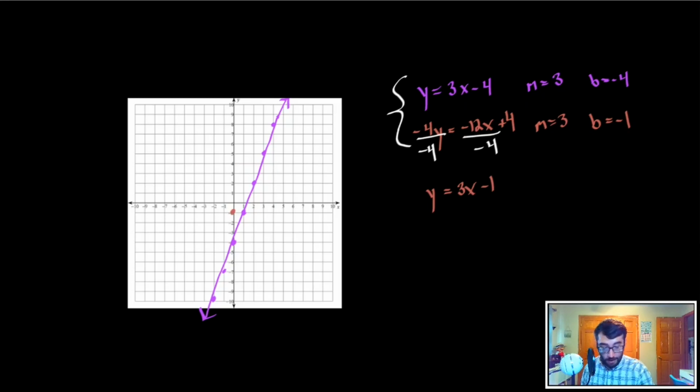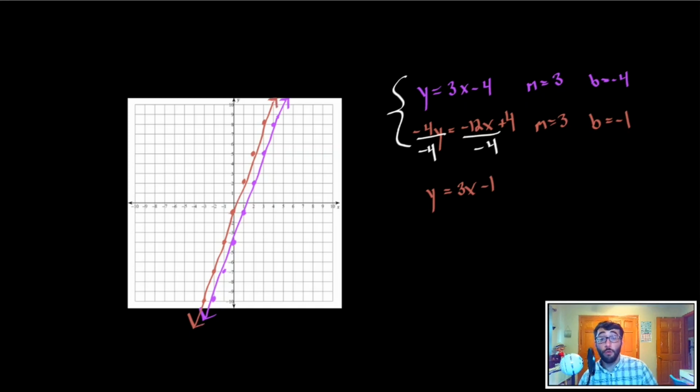So -1 is the y-intercept, up 3, right 1, up 3, right 1, up 3, right 1, and so on and so on. And then I'm going to go down 3, left 1, down 3, left 1, down 3, left 1. So here is our other line. Trying to make it as nice as possible. So there's our other line.